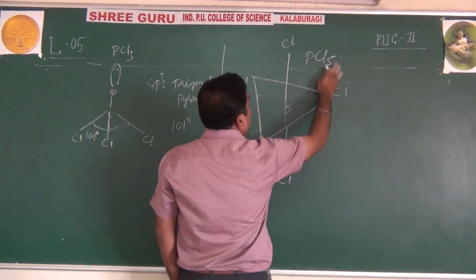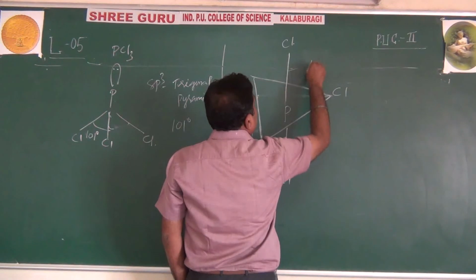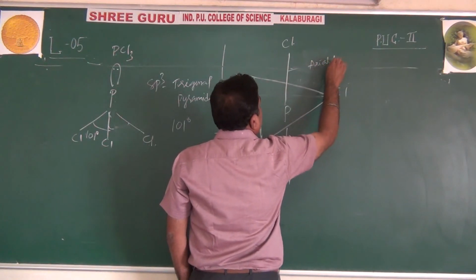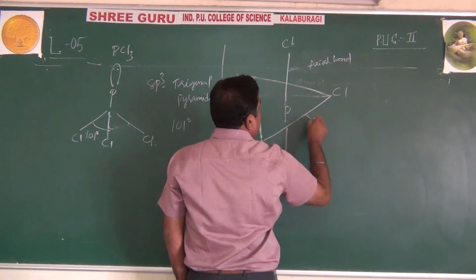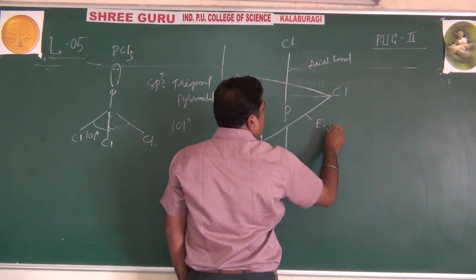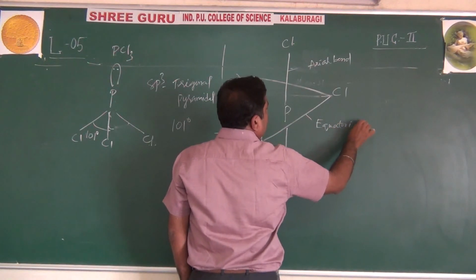These are called axial bonds, and these are called equatorial bonds.